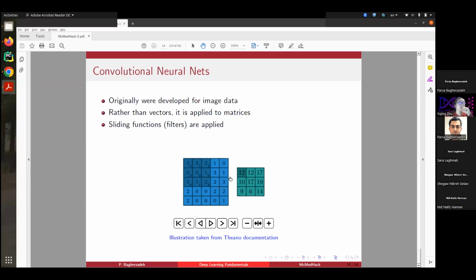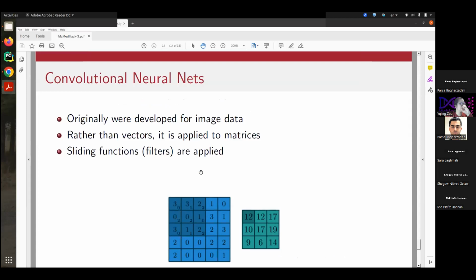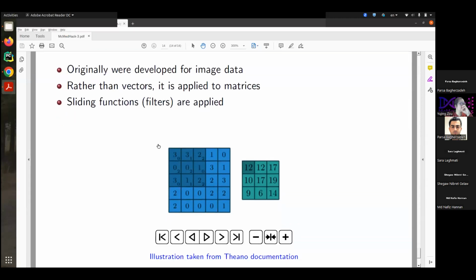A convolutional neural net is also characterized by a set of weights, by weight matrices. But these weight matrices, if I zoom in, the smaller matrix that you can see here has smaller values, 0, 1, 2. These are the values of the parameters. This matrix is a sliding matrix.